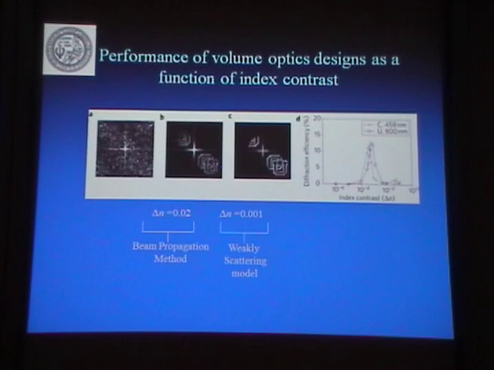Another thing is the index contrast, because we assume it's weakly scattering. So once we have a given design, we can simulate for different index contrasts using beam propagation. And if you have a very high index contrast, it doesn't work because it's not what you design. And if you have a low index contrast, it works. And then you want to find the right index contrast that will give you the highest diffraction efficiency.